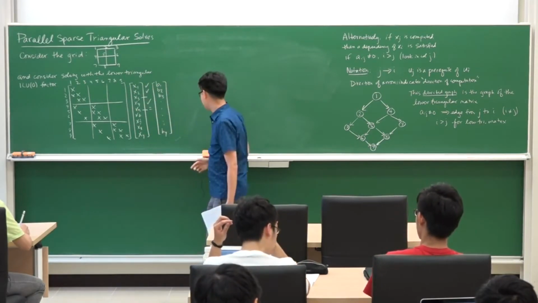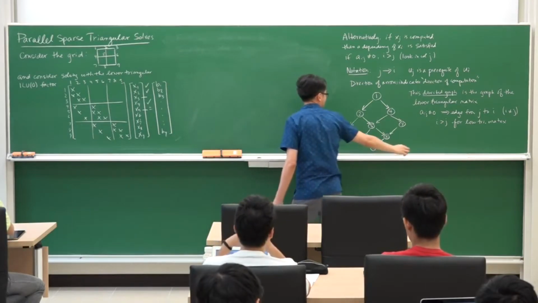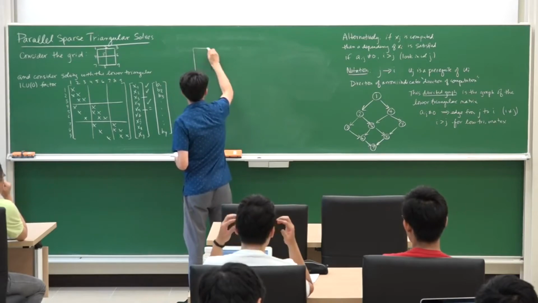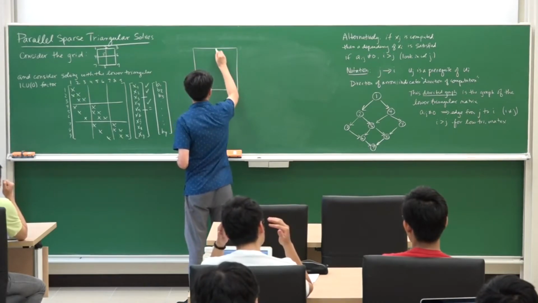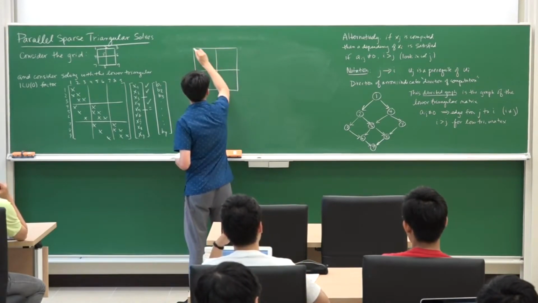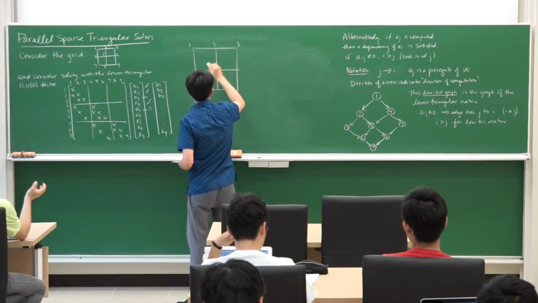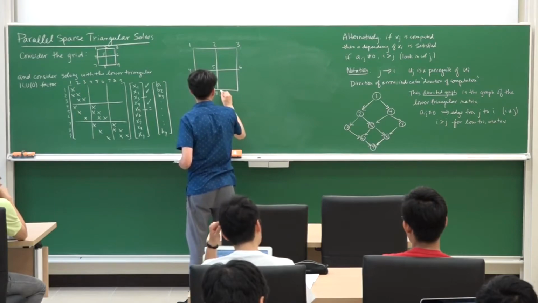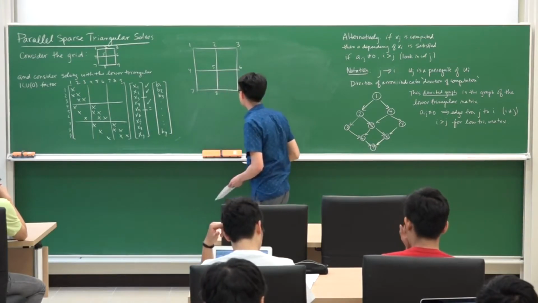Okay, so maybe this is not surprising. Let me draw it a bit bigger. 1, 2, 3, 4, 5, 6, 7, 8, 9. That's the natural numbering.